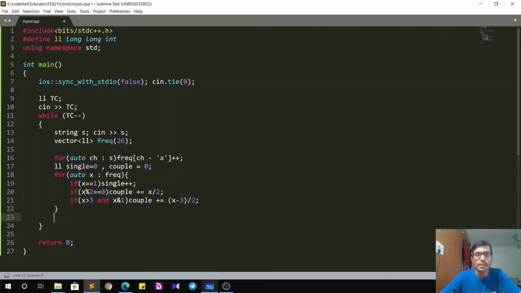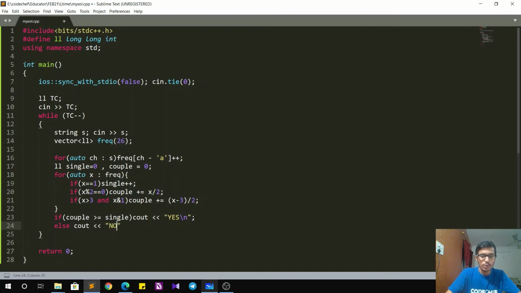So in this manner, we have the total count of characters that are present only once, that is single, and we have the number of pairs as well, stored in the variable couple. And once we have that, we have to just check that the single elements will be placed in between the couple elements, right? So we check if couple is greater than or equal to single, then the answer is yes, that we can create a PALPAL string, or else the answer is no.